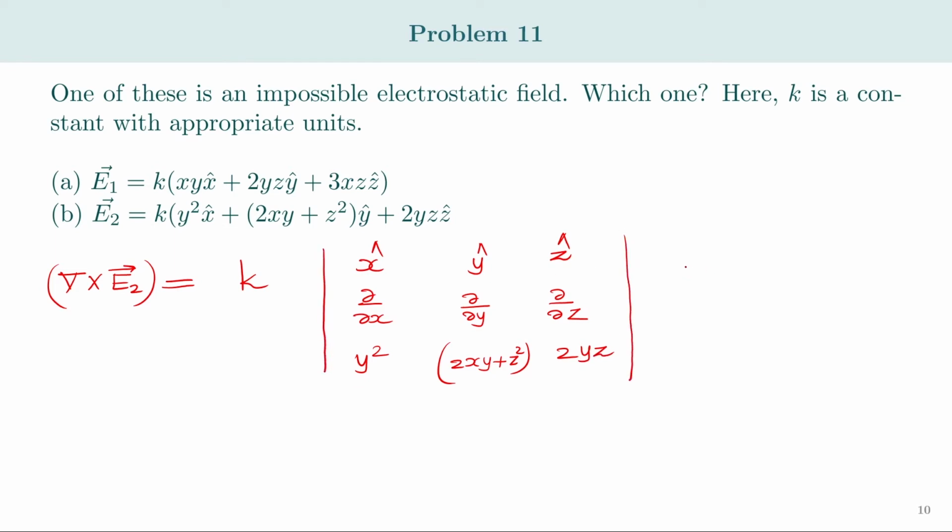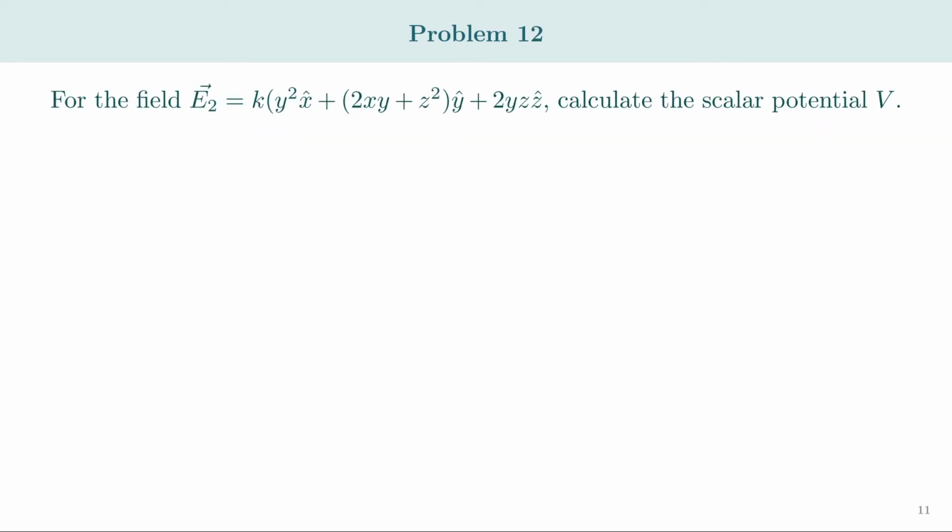And when we calculate this determinant, it will be equal to 0. Hence, E2 is a possible electrostatic field.